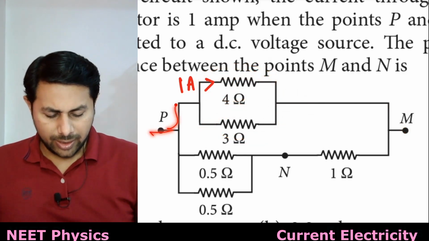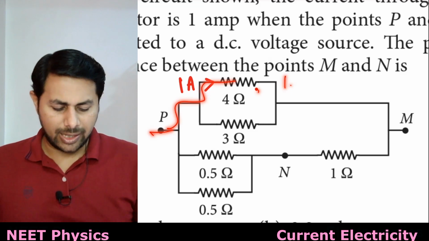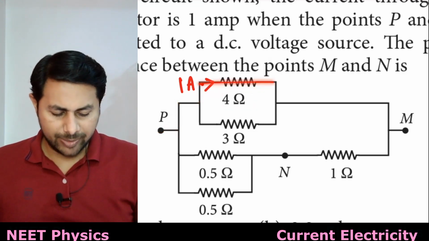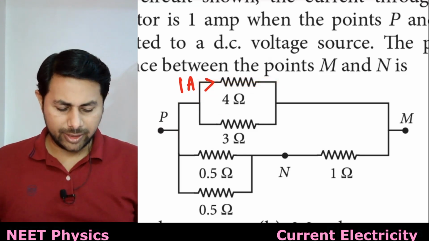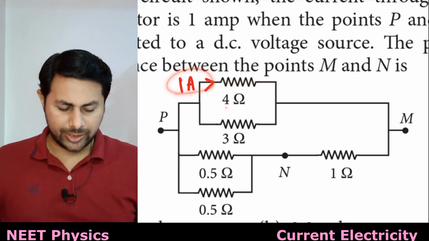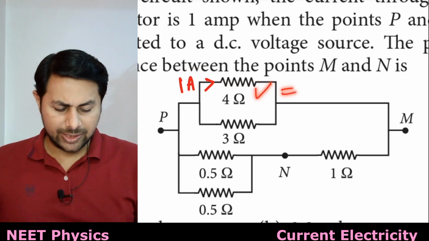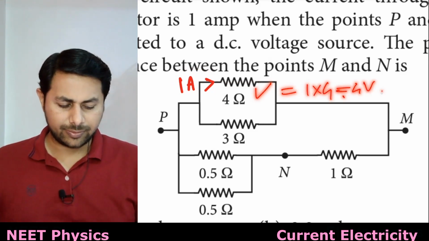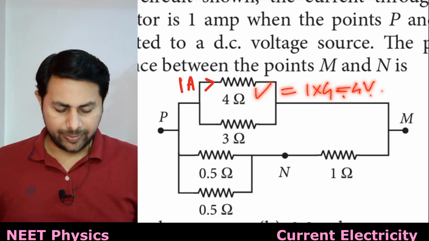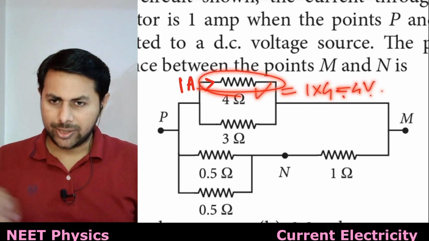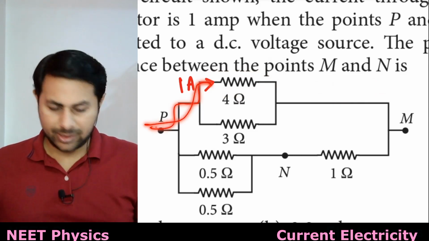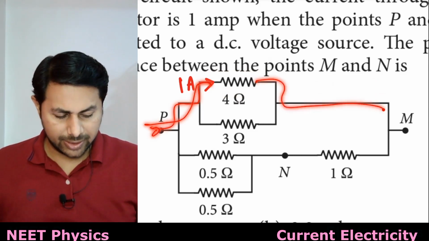So current through this one is 1 ampere and the resistance is 4 ohm. So what would be the potential difference across it? It is 4 times 1, current into resistance. So the potential difference V is equal to 1 into 4, that is 4 volts, right? That's simple. So that's the potential difference across this resistor, and you can see one end of this resistor is connected to P, other end is connected to M.